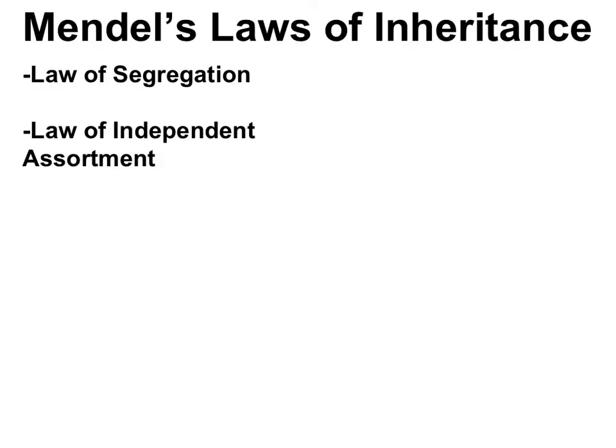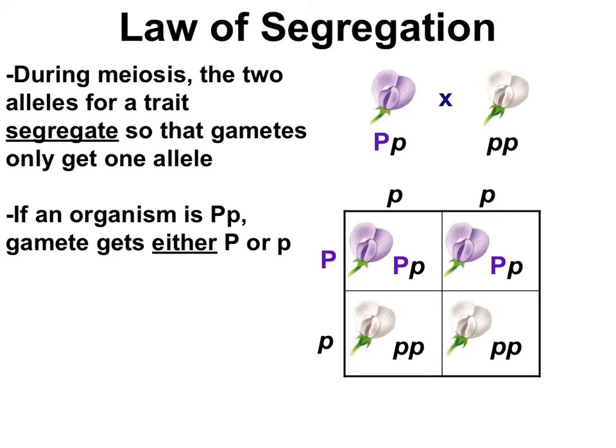When we talk about Mendelian genetics, we have to talk about Mendel's 2 laws of inheritance. Mendel's laws of inheritance are the law of segregation and the law of independent assortment. Let's look at each individually. First is the law of segregation. The law of segregation says that the alleles for a trait segregate into different gametes.